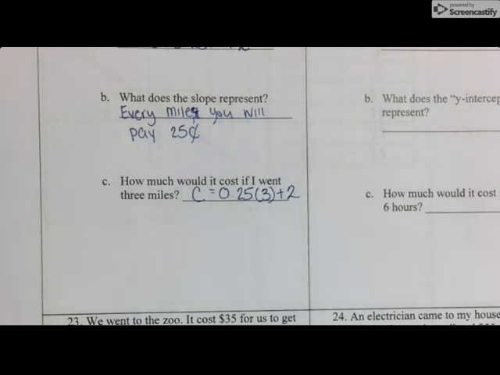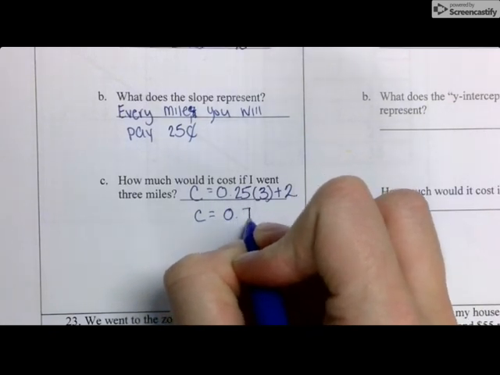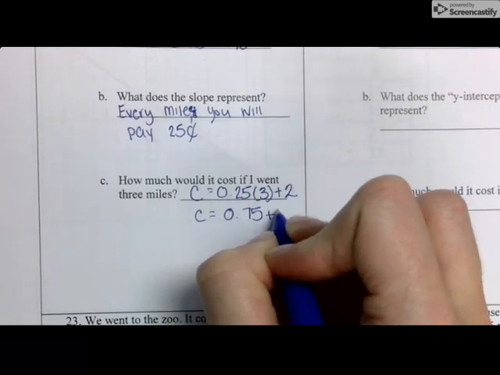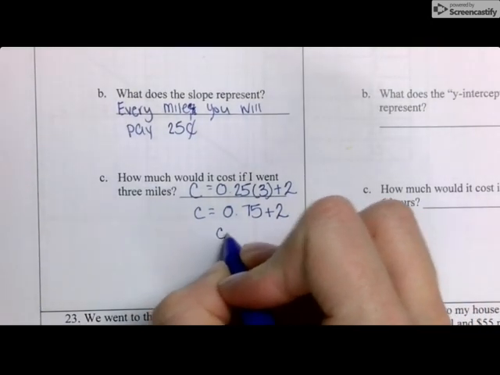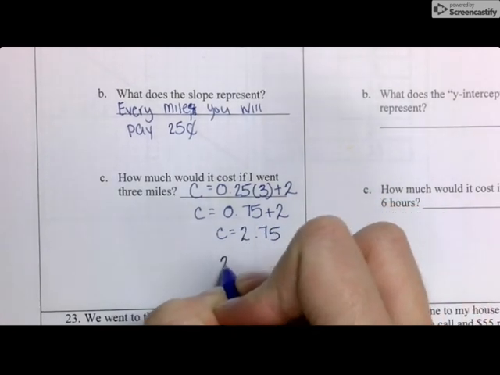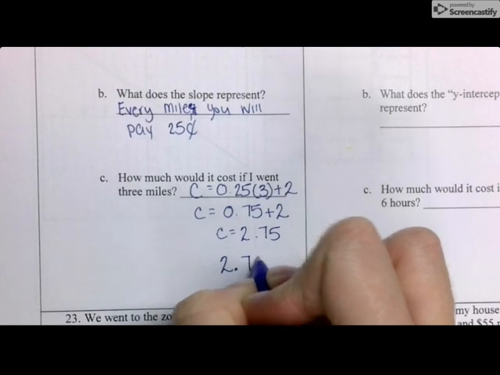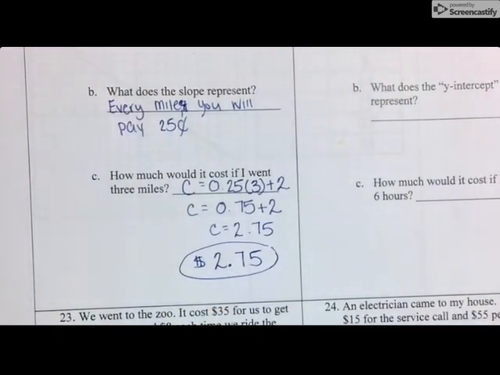So from there, we are going to take my 25 cents and multiply it by 3. That gives me 75 cents. Add that to 2, and you end up with $2.75. And that cost is going to be in dollars. So it cost me $2.75 to ride that scooter 3 miles.